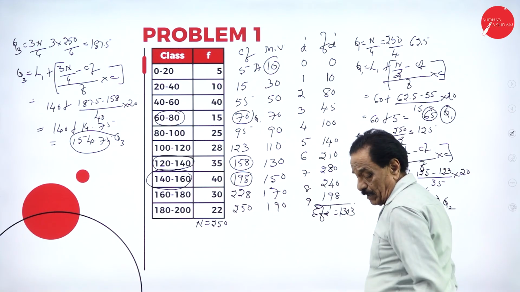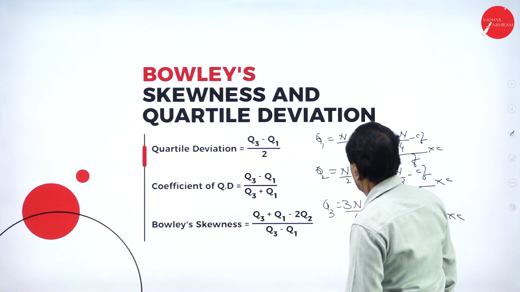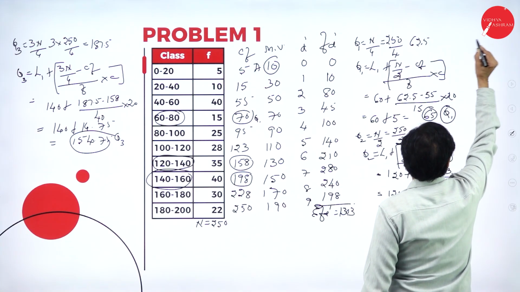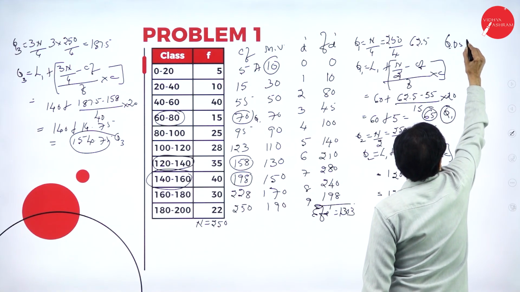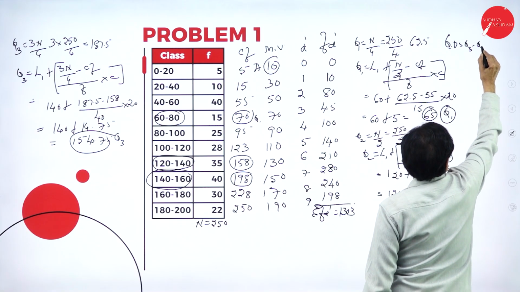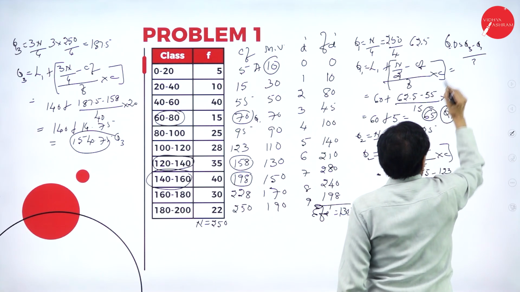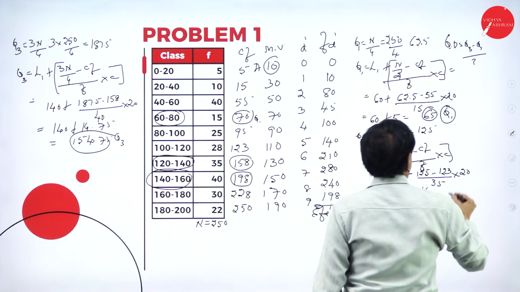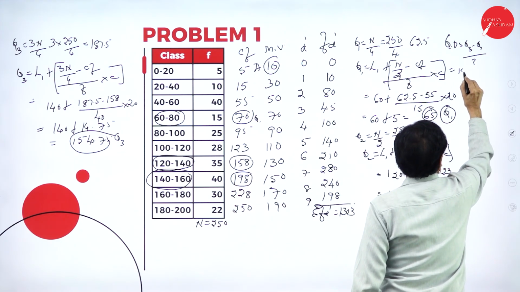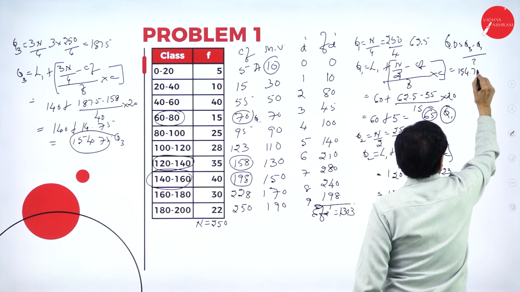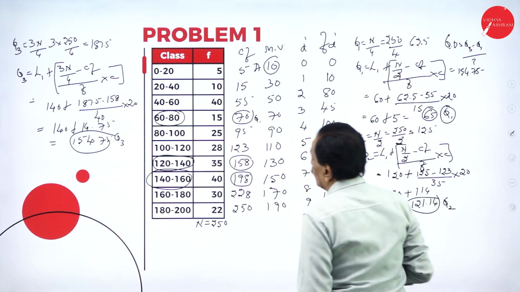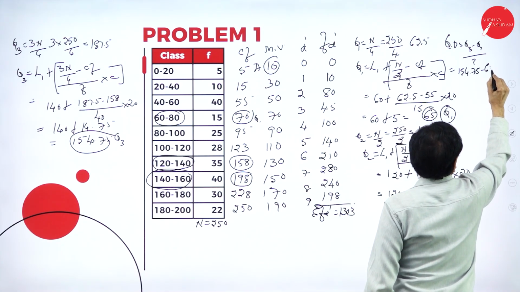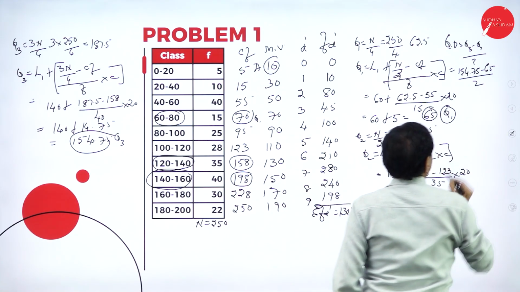So quartile deviation is Q3 minus Q1 divided by 2. What is your Q3? 154.75, minus, what's your Q1? 65, divided by 2.